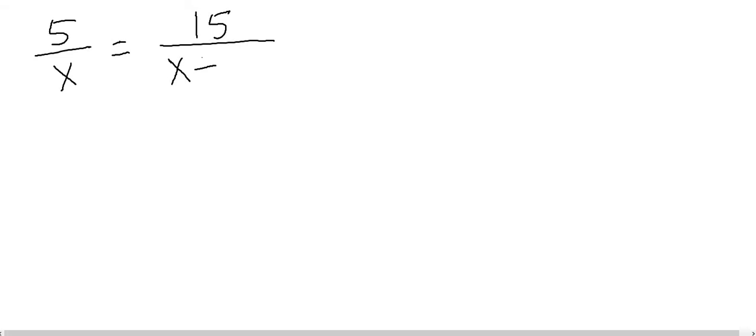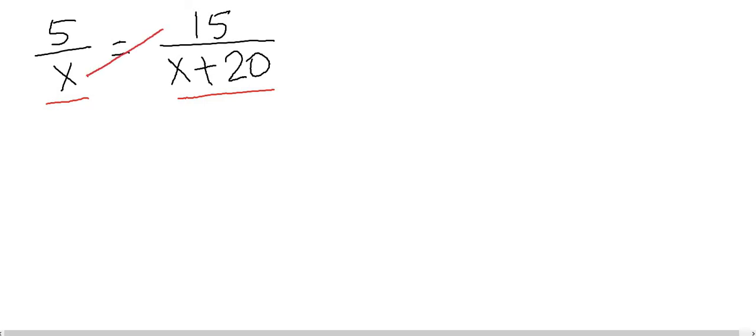So given is 5 over x is equal to 15 divided by x plus 20. Alright, so we don't like things in the denominator like x or x plus 20. So you want to cross multiply.